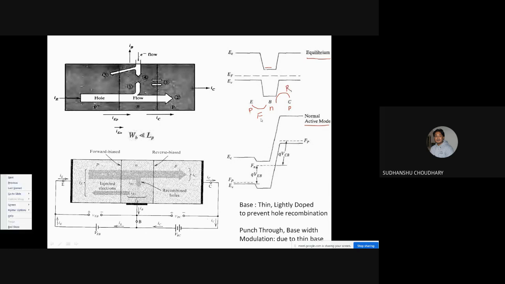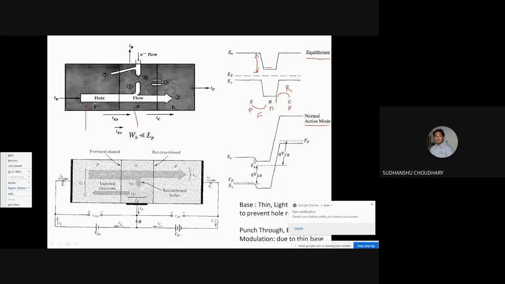When you apply forward bias across this PN junction, it will definitely reduce the barrier potential. So this is my barrier potential, and it reduces when forward bias is applied. Now this barrier potential is only this much. It has reduced.